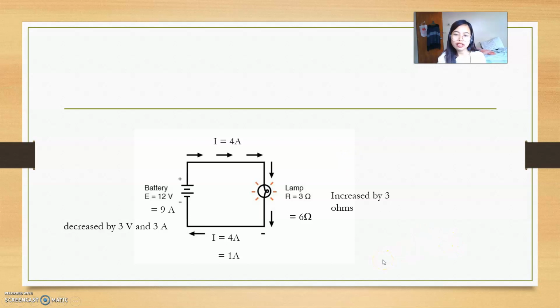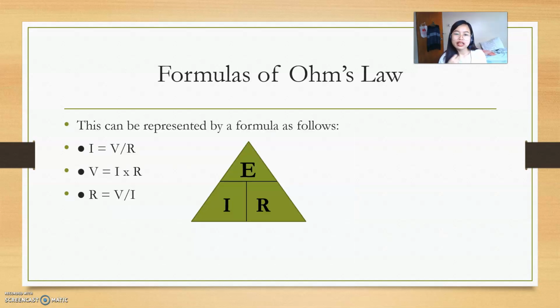Let's go now to the next page. Okay, here are the formulas of Ohm's law. This can be represented by a formula as follows. I, for current, is equal to voltage over R, or you can say voltage V or E over R. Voltage or E is equal to I times R, current times resistance.